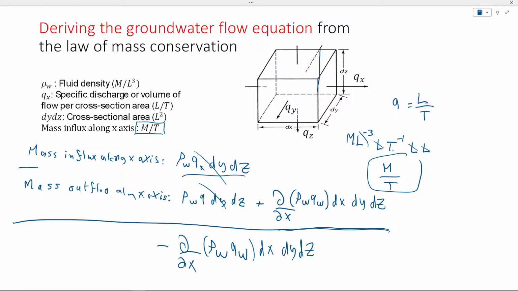That would be the mass accumulated, or mass accumulation within the control volume. Yeah, that's the mass accumulation within the control volume. That would be this term here.